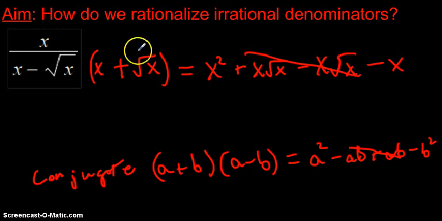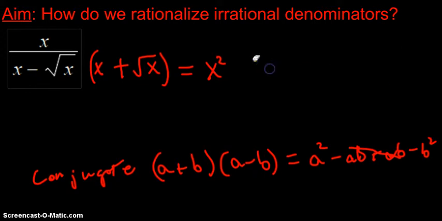So rather than write them out, we can just try and remember that this is a difference of squares and utilize that to unfactor. Since this is a difference of squares, that means this squared minus this squared would be its product, because its factors are the sum and difference of the square roots of these values.